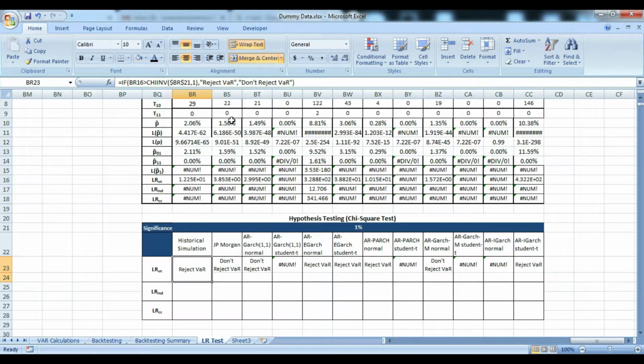Probably we could merge all these things, so we'll repeat this in this fashion. So everywhere the model is getting rejected.